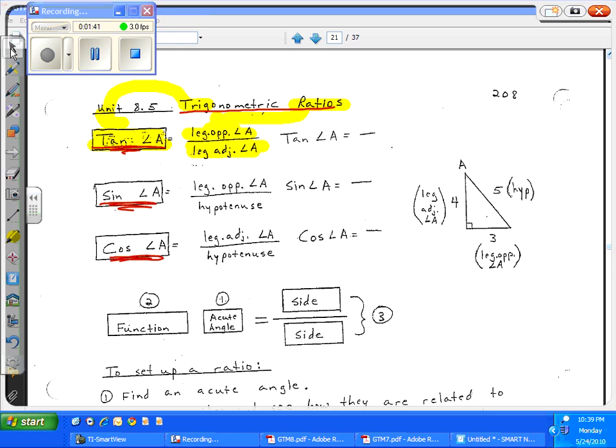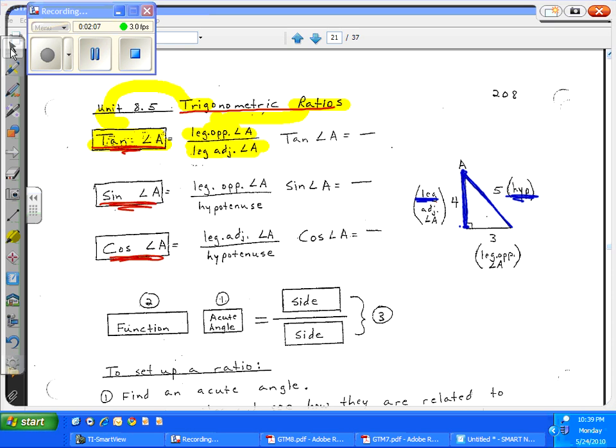Let's talk about that. Here's angle A. An angle is a figure formed by two rays with a common endpoint. Now, one of the sides of angle A is a leg, and one of the sides of angle A is a hypotenuse.